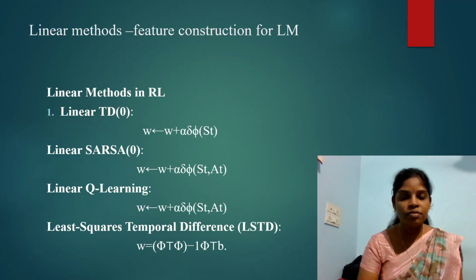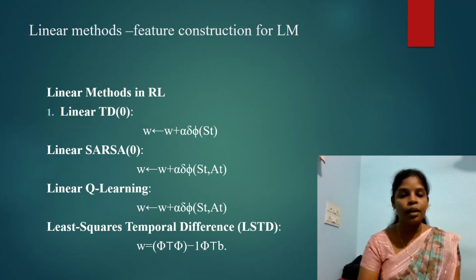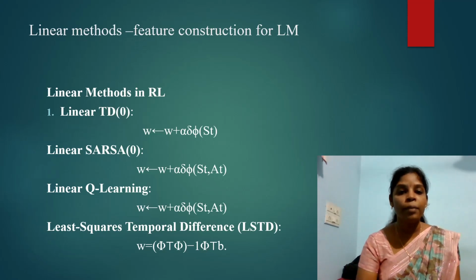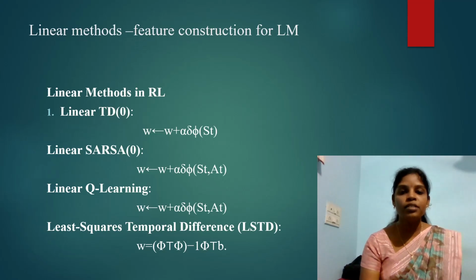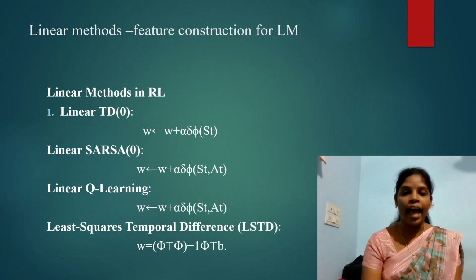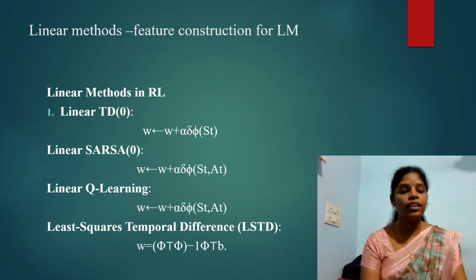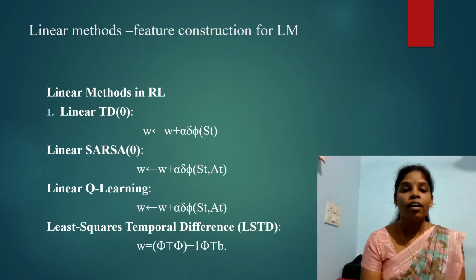What are the parameter updates we have done in that linear method? W is updated to W plus alpha delta times the gradient at S_t, where S is the state and t is the time step. Then what is the sequence of linear equations?